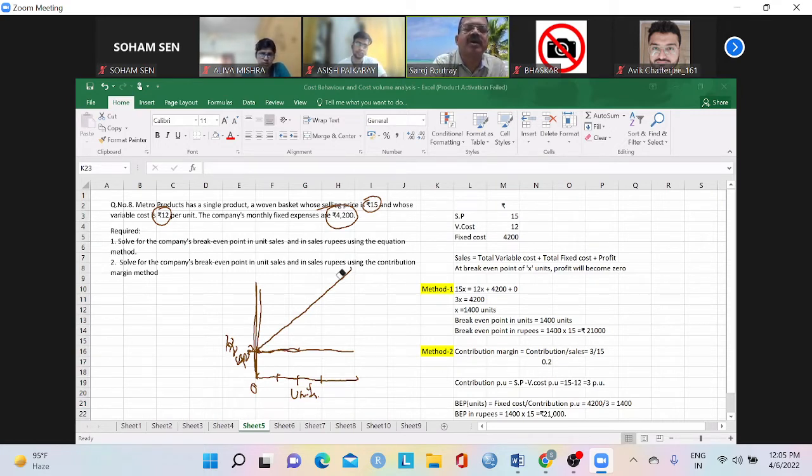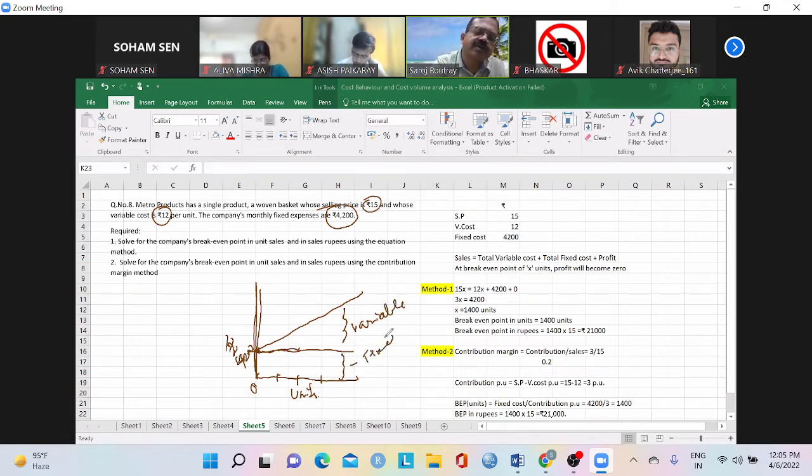So the variable cost component is going like this. This part is variable and this is fixed. This is the total cost line.